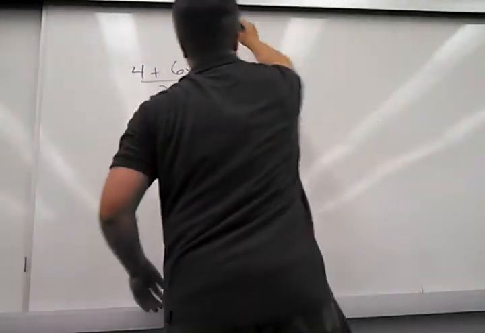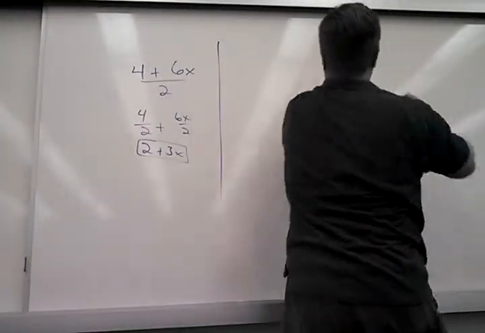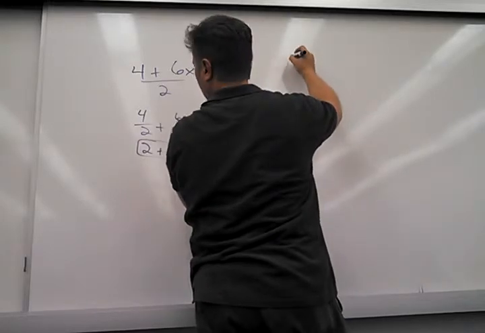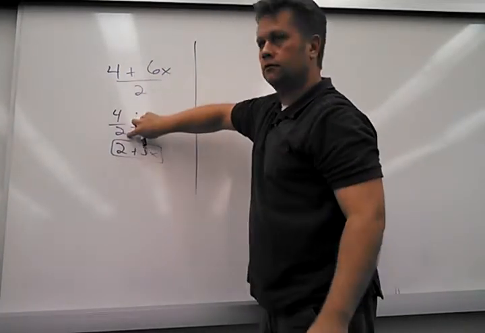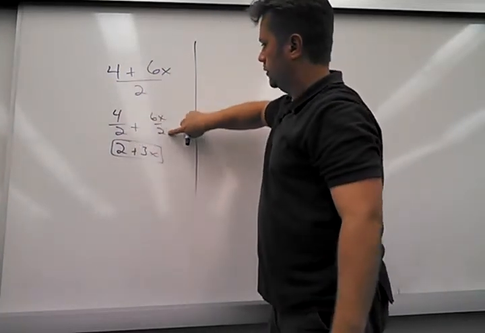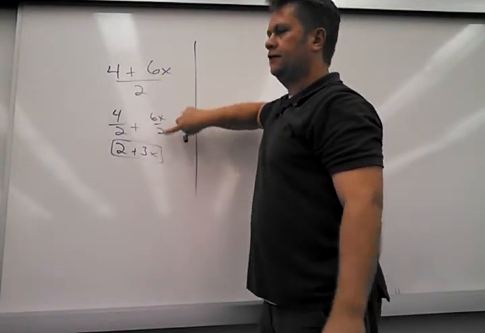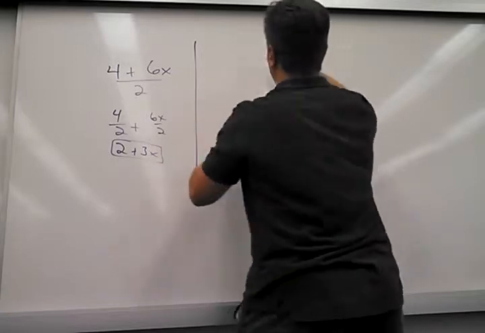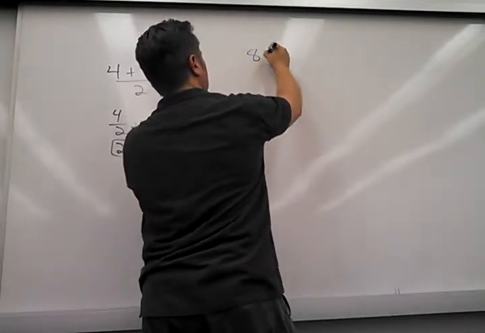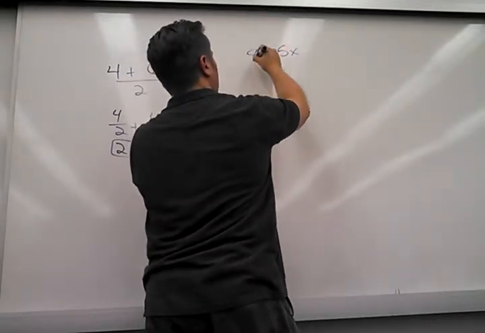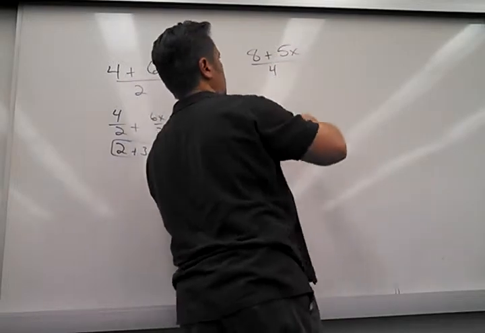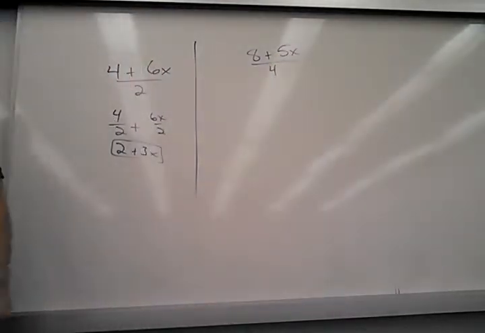So what if I had... How do you get 2 plus 3? 4 over 2. And then 6 divided by 2 is 3. So once I break them up, I can try to simplify each one. So what if I had... you guys try that one.